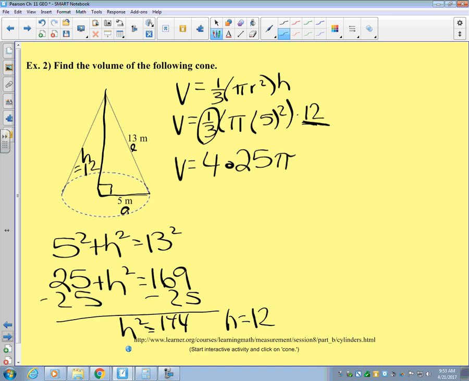Because your Chapter 11 quiz is making you leave stuff in terms of pi, I'm going to leave this one in terms of pi. 4 times 25 is 100, yeah. And then it's 100 pi meters cubed.